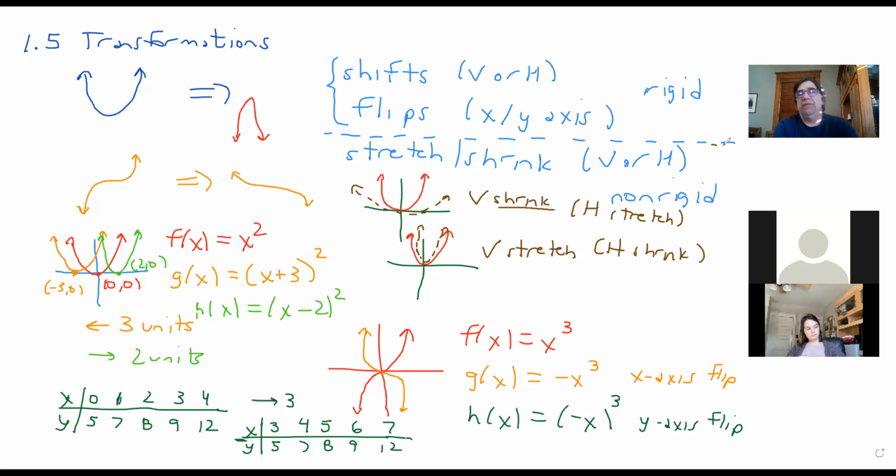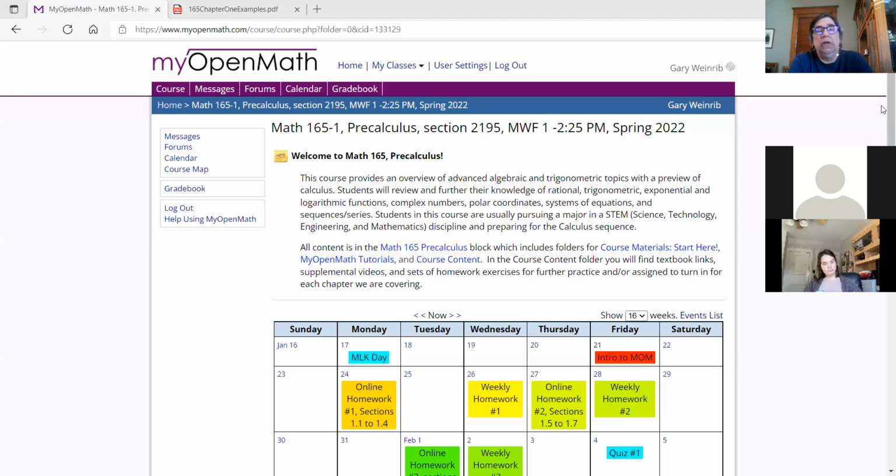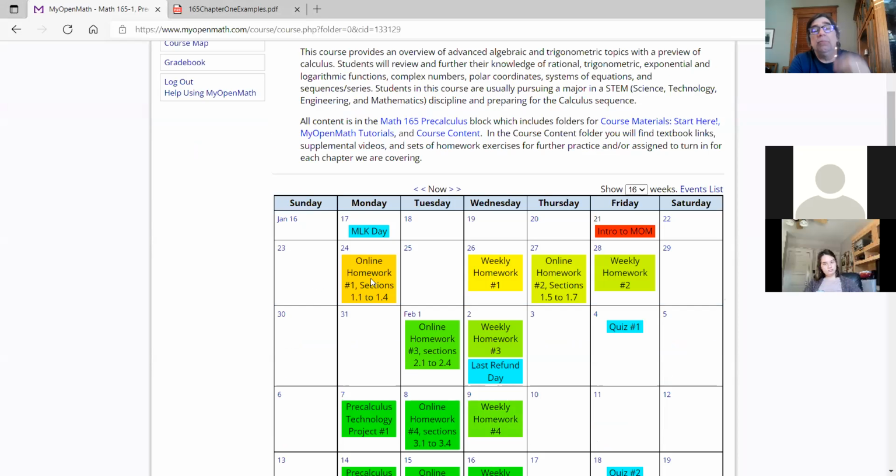Chapter 2, I don't think will take us very long to do. But let me give you a chance to do one more screenshot here if you want to. I just want to go back to the calendar here for a minute. If you look at the first online homework, which is due Monday, it's only over the first 4 sections.